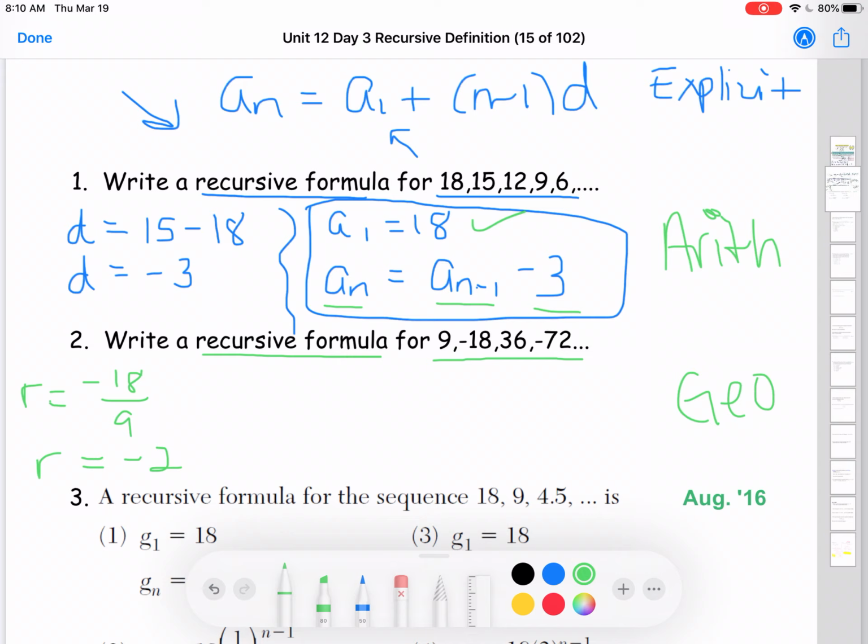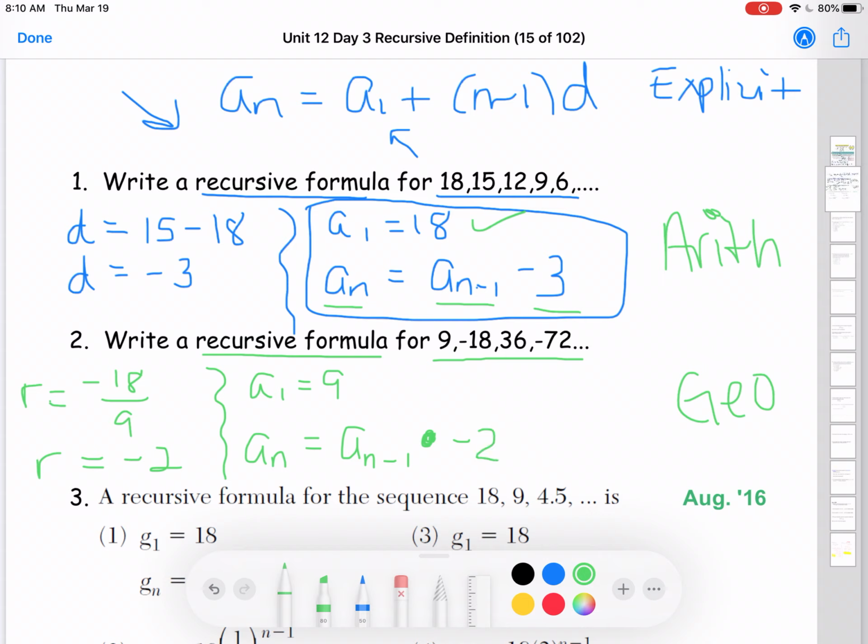Yes. Okay, we're writing a recursive definition. You always have to state what the first term is. And then we'll say the next term is equal to the one before it times -2.